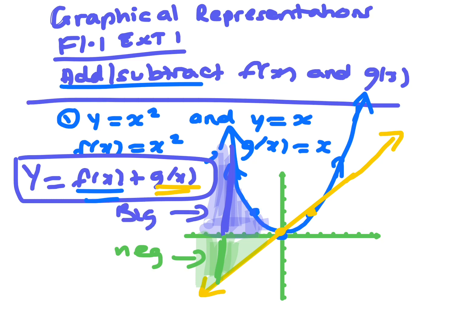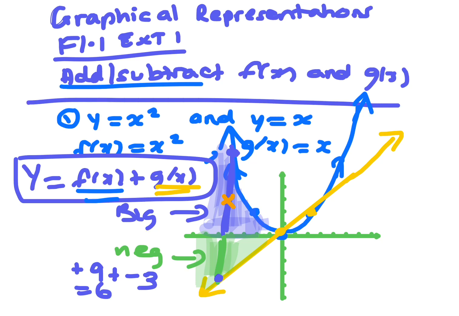So when you add, say that number up there was 9, and then I'm going to add on, say this one down here was minus 3, I end up with a positive. I end up with 6. So that means that my new graph, which I'm going to draw in orange, would be somewhere here, as if you took the purple one and you took away the green line there.